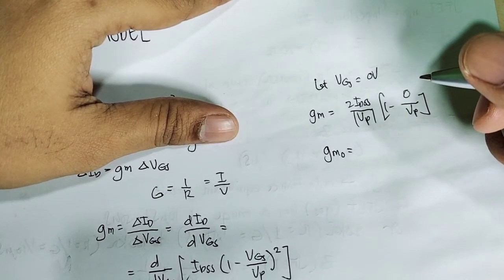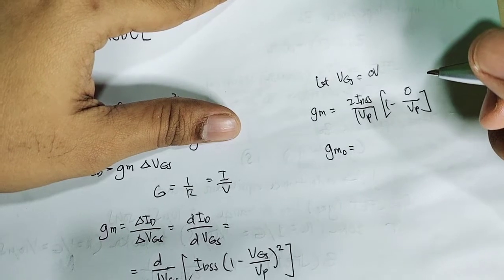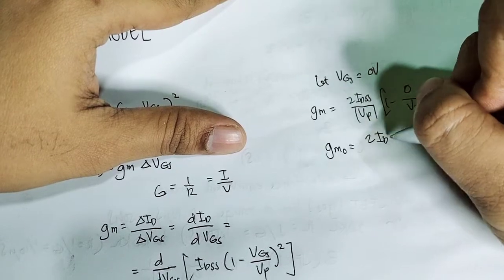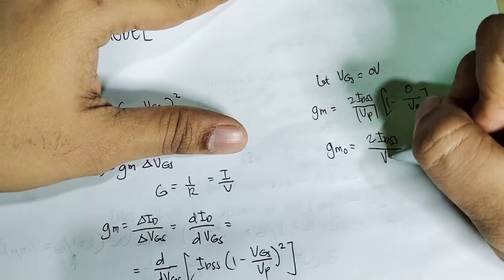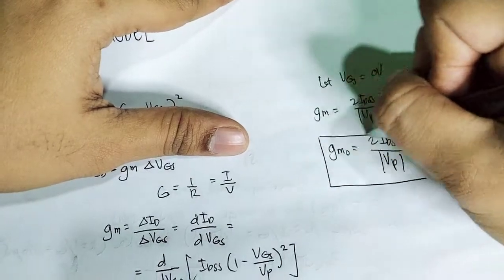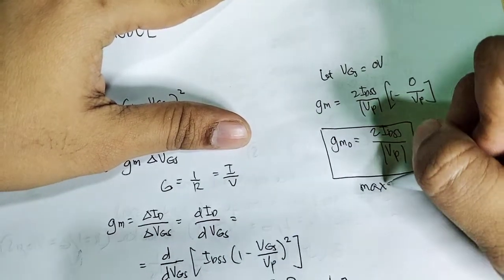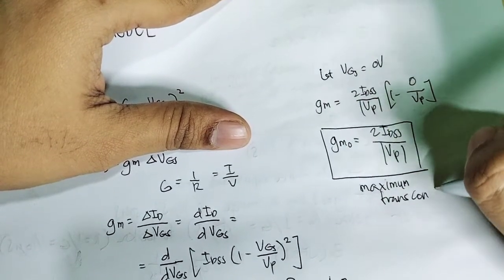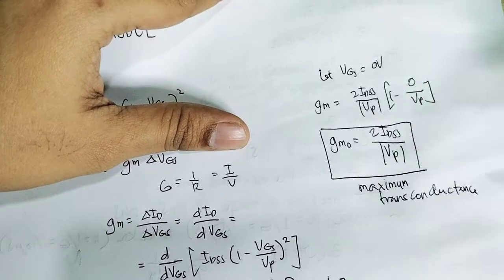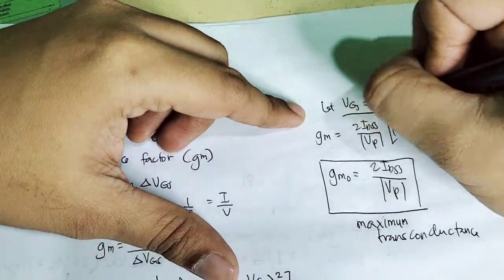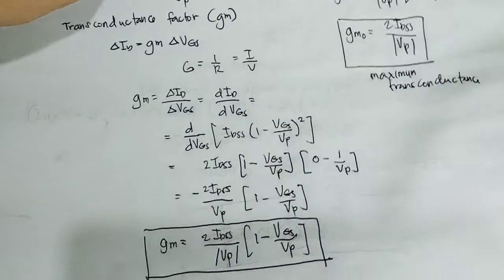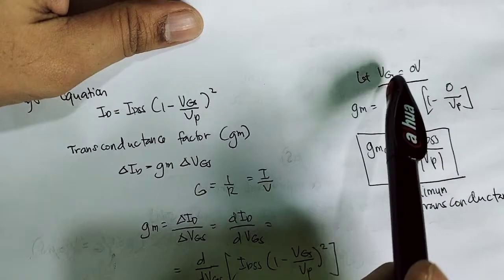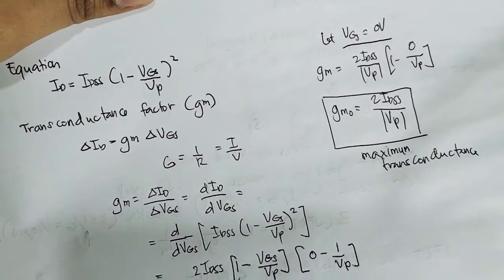It happens when V sub GS is equal to 0, so this is where the maximum transconductance occurs. So this is the formula for the transconductance, and you can find the maximum transconductance if V sub GS is equal to 0 volts.